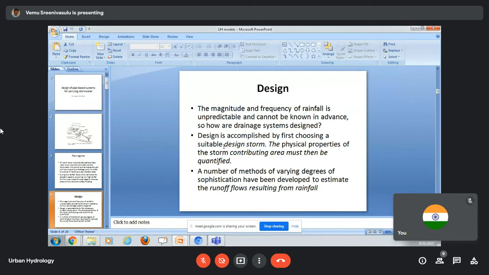So first you calculate the design storm, and for that design storm you calculate the runoff. Once you calculate the runoff, you know the quantity or volume of runoff collected from the entire urban catchment. So to dispose of this amount of runoff, what should be the diameter of your pipe?